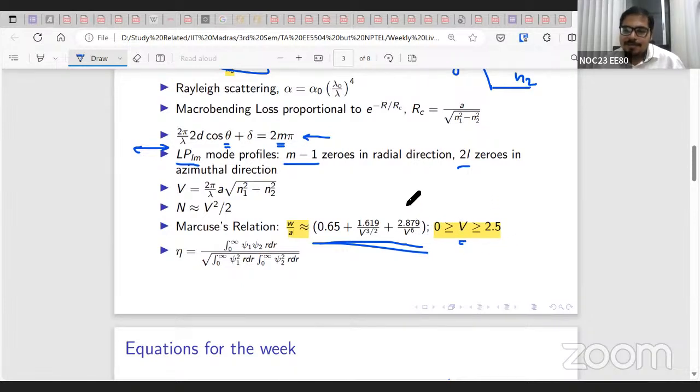Once you have the V number, you can substitute it here, so you will get this W by A. And what you're asked about is W, I think the terminology was W naught or something for the first mode.